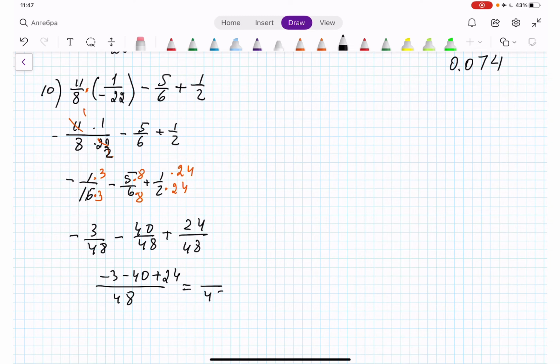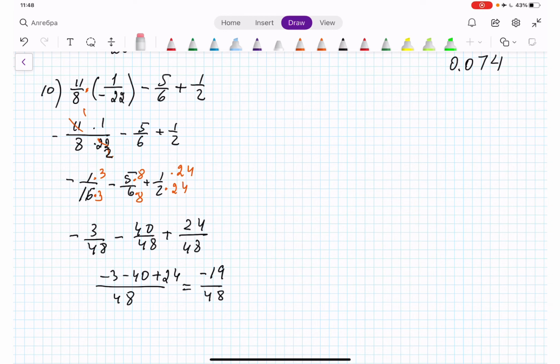Here is 48, and we have negative 3 and negative 40. It's going to be negative 43, negative 43 and 24. 13 minus 4 is 9. 3 minus 2 is 1. Negative 19 over 48.